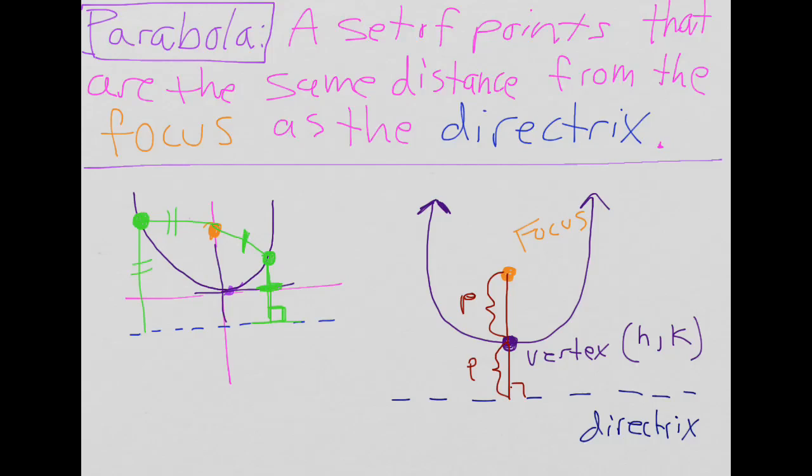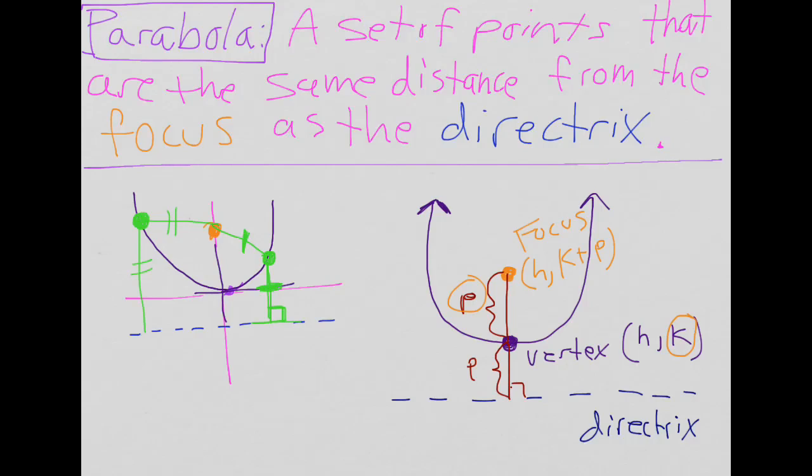Because the focus is going to have the same x value as the vertex, so that's still going to be h because it's directly above it, but the y value is going to be p units above k because it's directly above it by a distance of p, so we can label that k plus p.